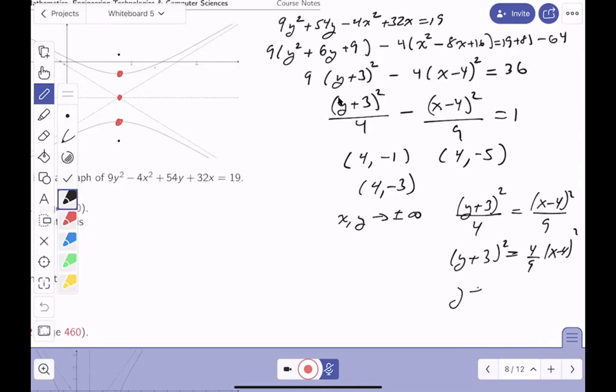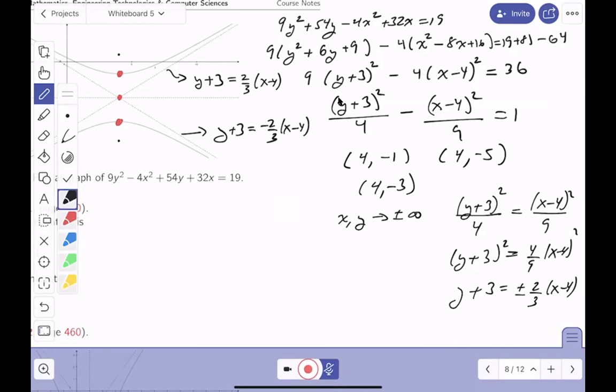Square root rule, plus or minus 2/3, x minus 4. I'm going to write that down for you now. This line over here is y plus 3 equals 2/3, a positive slope, x minus 4. What's this line over here? Y plus 3 equals a negative slope, minus 2/3, x minus 4.